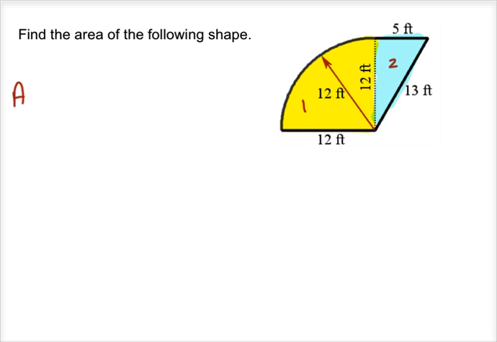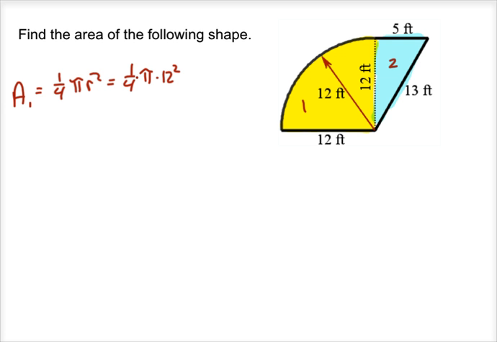So if I find the area of region 1, I know it's a quarter of a circle, so it's 1/4, and the area of a circle is pi r squared. So if I substitute into that, I get 1/4 times pi times the radius, which is 12, so I get 12 squared.